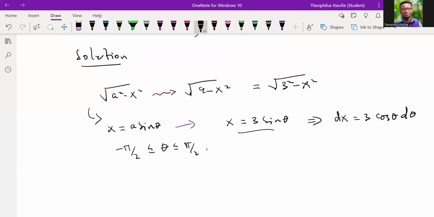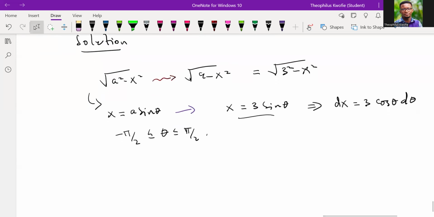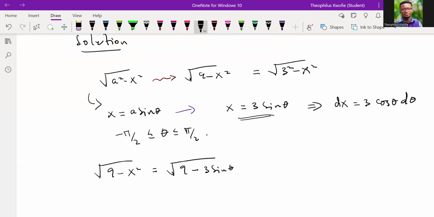Then what becomes, so it means that my root of 9 minus x squared, which we also said can be written this way, would now be what? When we do our substitution, now our 9 is 9, and our x is 3 sine theta. Now we need to square that, okay?